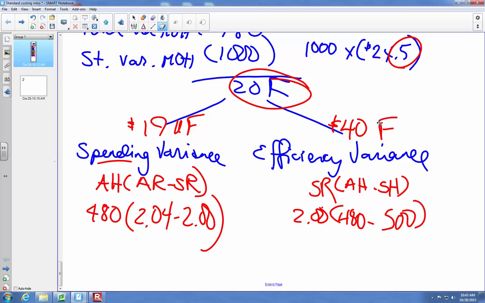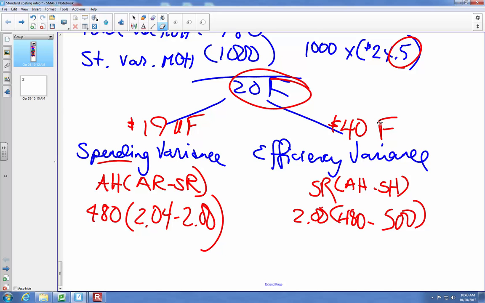What else? Indirect labor, like what? Supervisor, maintenance, security, right? A lot of things are encompassed in variable manufacturing overhead. 4 cents, again, are you going to even look at it? That's 0.2%. But if it was 40 cents, then you would be looking at it, wouldn't you?